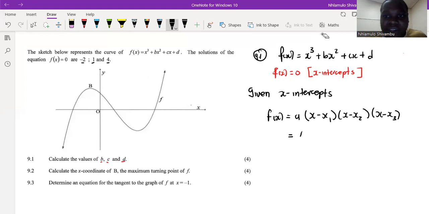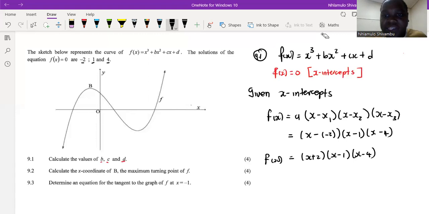So this is going to give us x minus x1, where the first intercept is minus 2, times x minus 1 times x minus 4. This gives us x plus 2 times x minus 1 times x minus 4. This will be the equation of f of x.